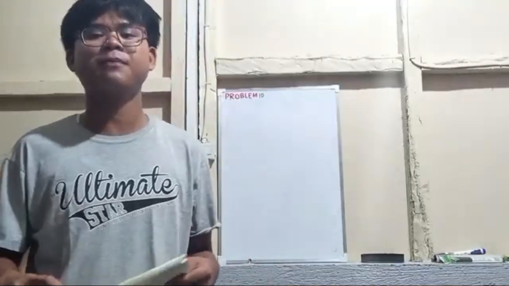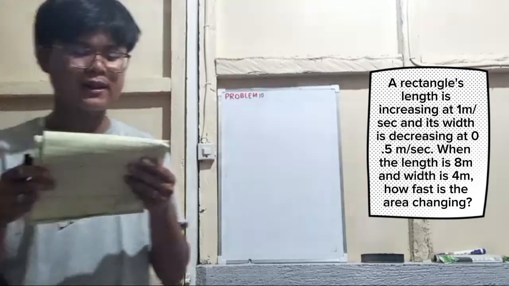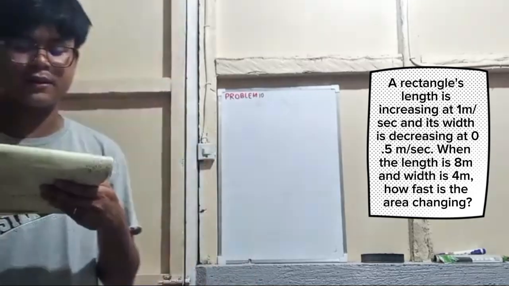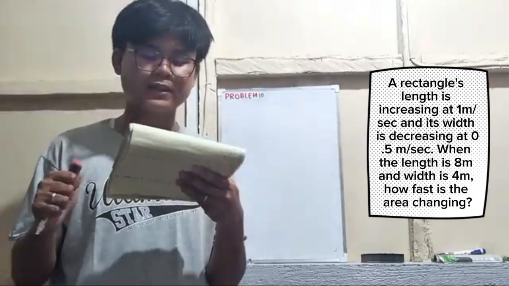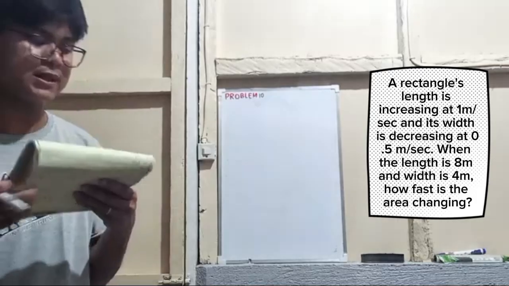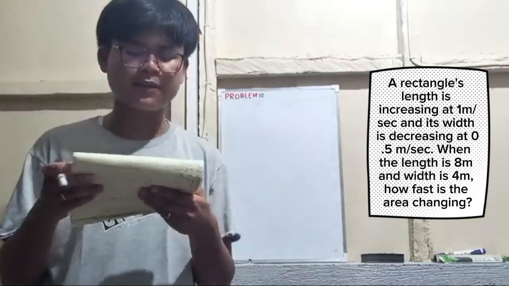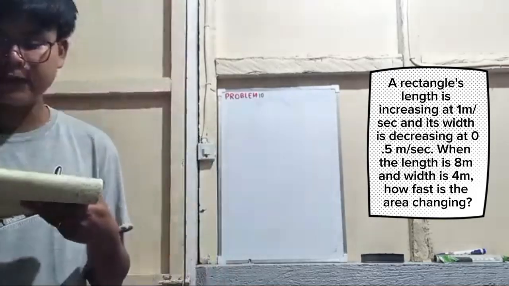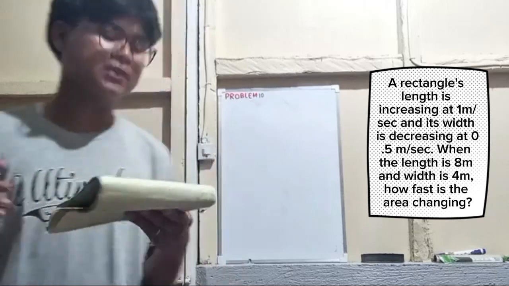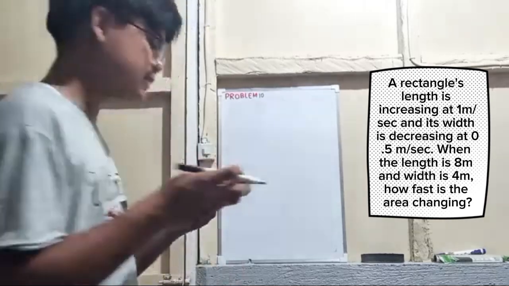So, we'll proceed to problem 10. A rectangle's length is increasing at 1 meter per second and its width is decreasing at 0.5 meter per second. When the length is 8 meter and width is 4 meter, how fast is the area changing? So first, we'll identify the givens.